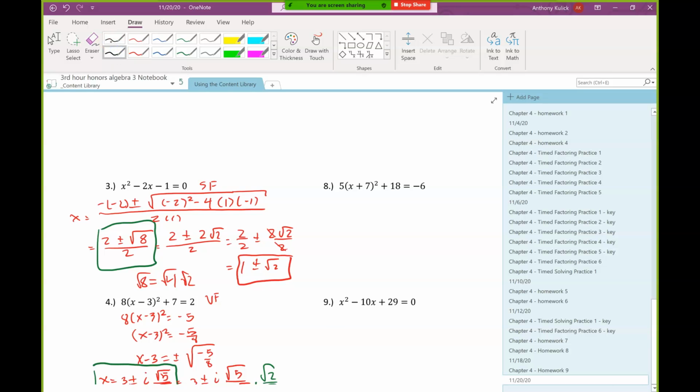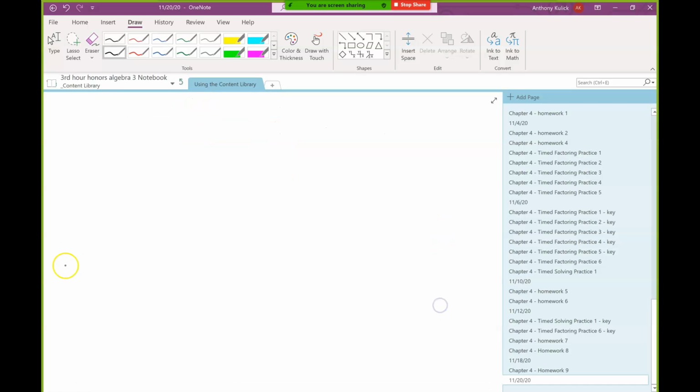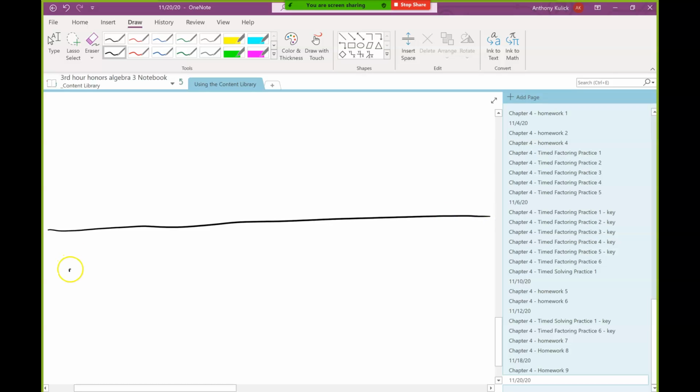Okay. So let's start with the new stuff today. Today we're going to start talking about modeling quadratic functions.